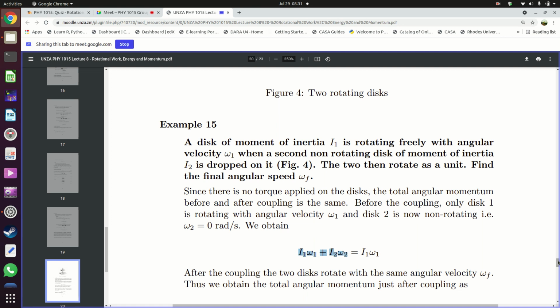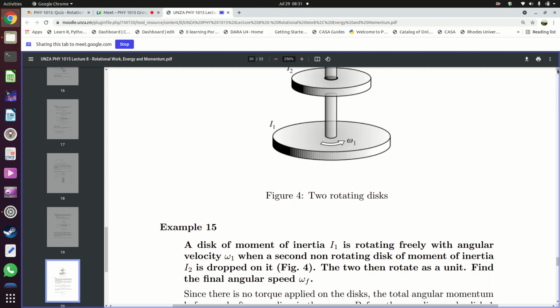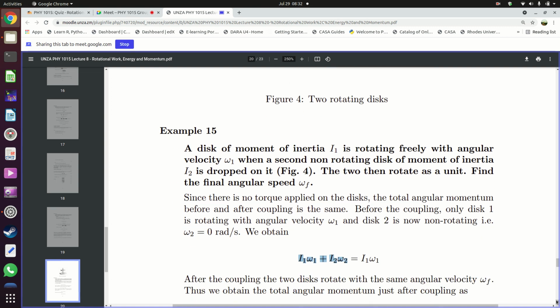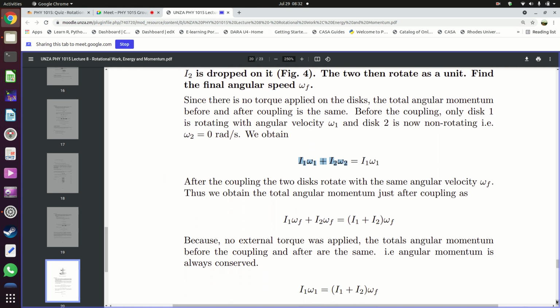If these things are going to rotate after the coupling has happened, they will rotate with the same angular velocity. So that is probably why we are saying that omega 1 and omega 2 after the coupling are going to be the same, so we end up having omega f.